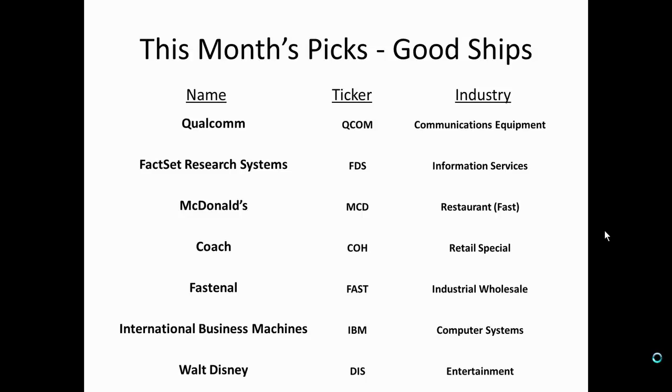Coach, this is for all the gals. That's sexist. I know they sell man purses these days. Ticker COH, in the retail specialty industry. Fastenal, ticker FAST, in the industrial wholesale industry. IBM, we all know what their ticker is, in computer systems. And finally Walt Disney, ticker DIS, in the entertainment industry.